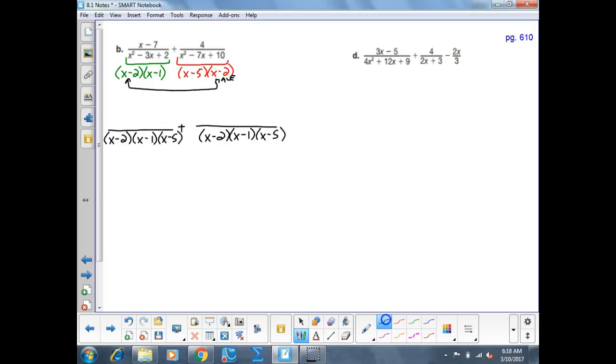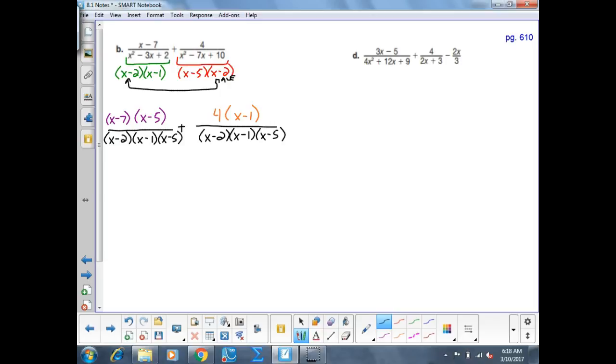So the first one, I am missing purple. Okay, so I started with, I got x minus 7 there, but which one am I missing? I'm missing x minus 5. Okay. Second one, I started with 4, and I am missing x minus 1 from my common denominator. Okay.